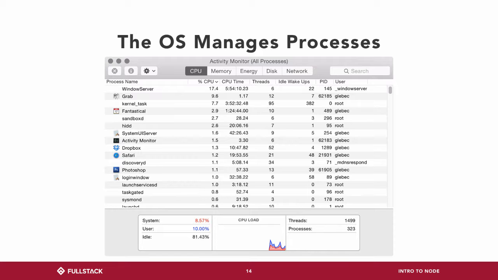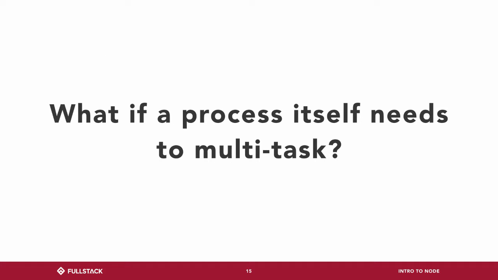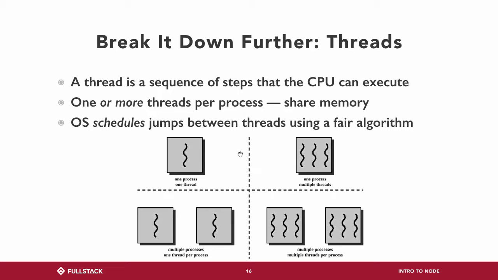Then you have this other concept: what if the process itself needs to do multiple things? You have different processes vying for the attention of the CPU, and the operating system controlling that, but very often you might want to have multiple things happening in a process, and this is really where threads come in.